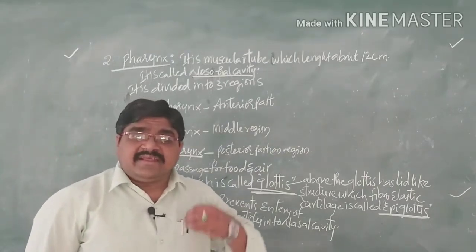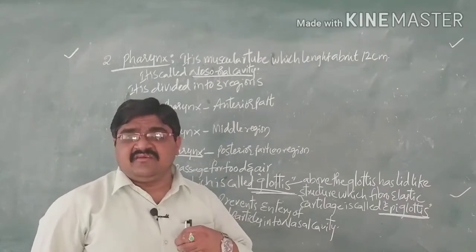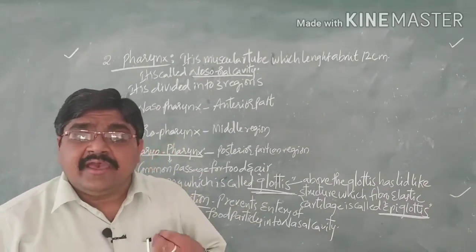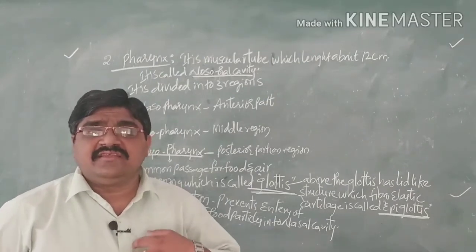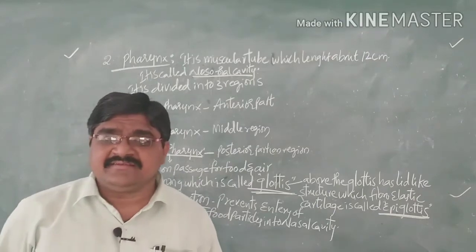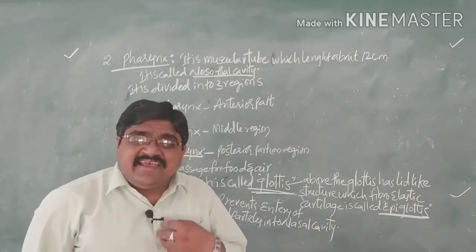If food particles enter the nasal cavity, a severe cough is produced. If food enters the lungs, the exchange of gases cannot take place. So it prevents the entry of food particles.